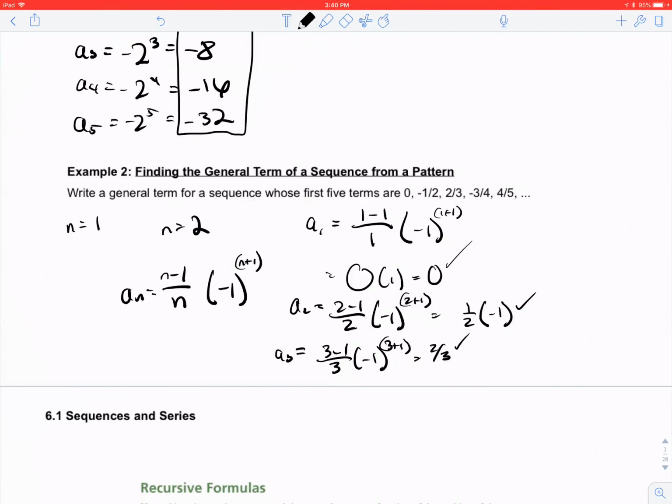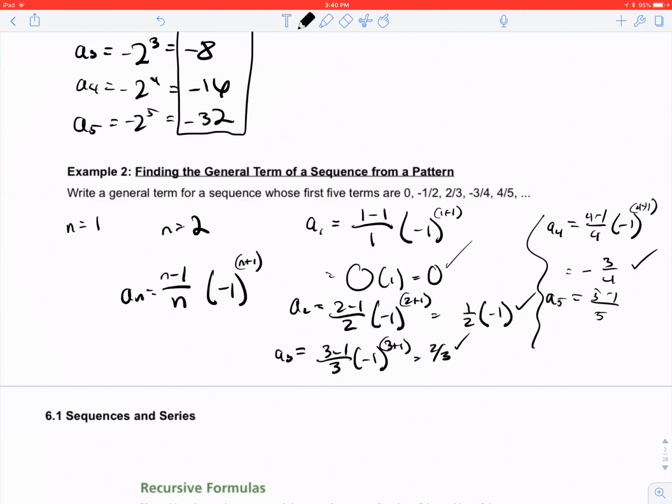Checks out. We'll continue over here. A4 is going to be 4 minus 1 over 4 times negative 1 to the power of 4 plus 1. That's 5, so it's going to be a negative 3 over 4, which checks out. And the last one, a5, is going to be 5 minus 1 over 5 times negative 1 to the power of 6, so it becomes positive. We get a positive 4 over 5, and so on.